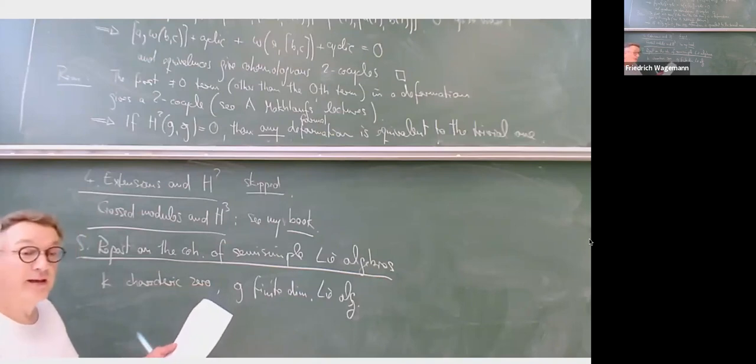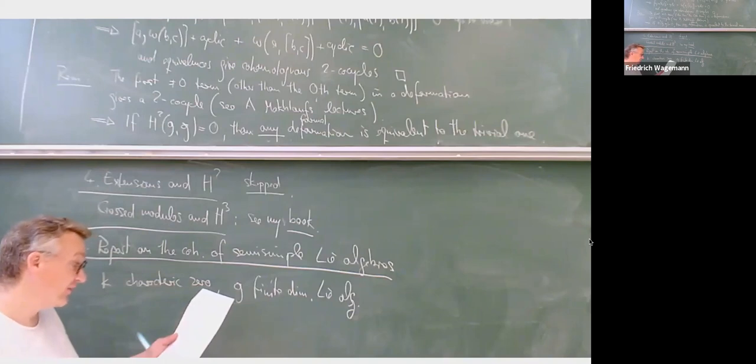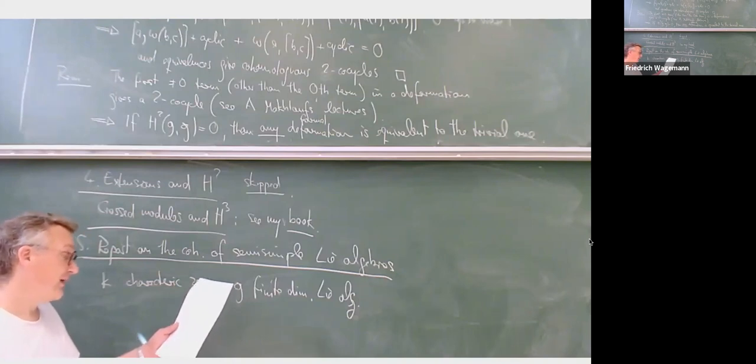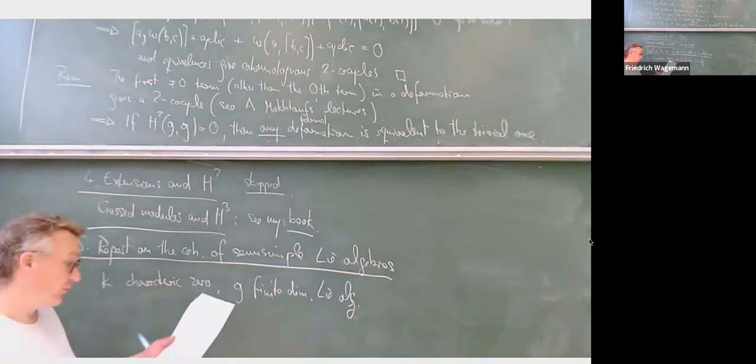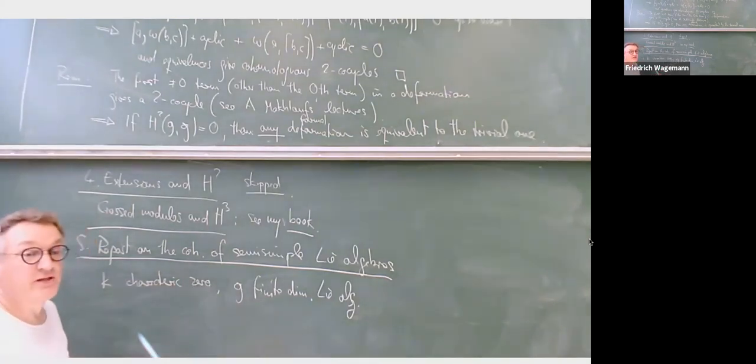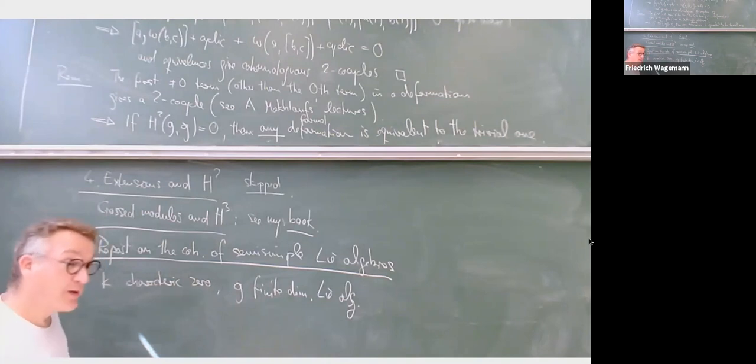Actually, there are many equivalent formulations of this. One of them is that G is a direct sum of simple Lie algebras, or another one is that the Killing form is non-degenerate, or another one is that G does not have any non-zero abelian ideals, and still another one is that G does not have any non-zero solvable ideals.